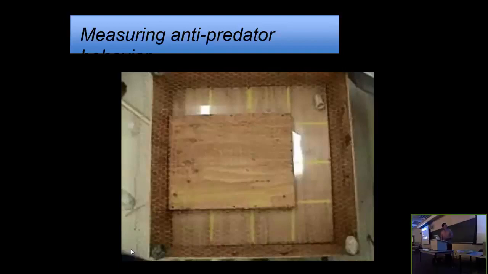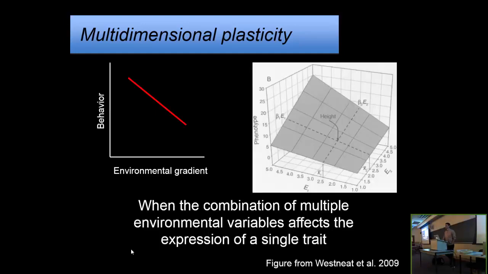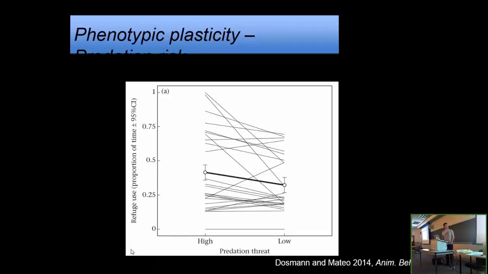And so looking here, as I mentioned, not just at behavioral variation along a single gradient, but rather multiple environmental variables, and in particular asking whether there's an interactive effect. Does the combination matter? First, I'm going to show the results comparing squirrels' behavior in the high predation risk and the low predation risk environmental manipulations.